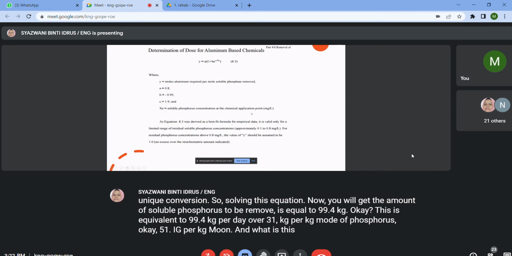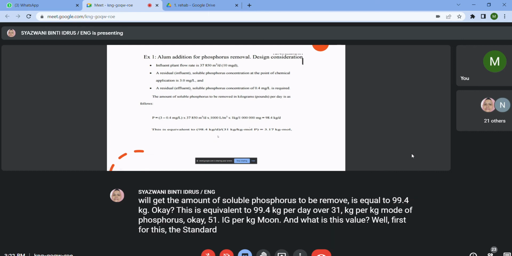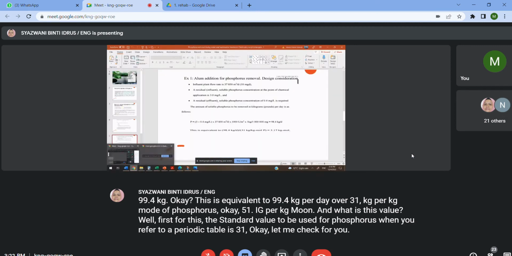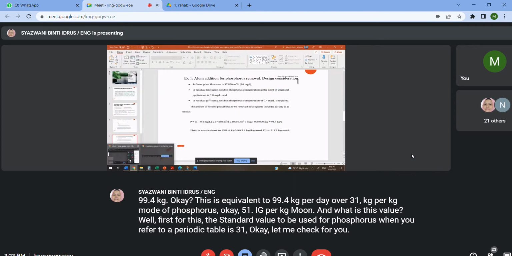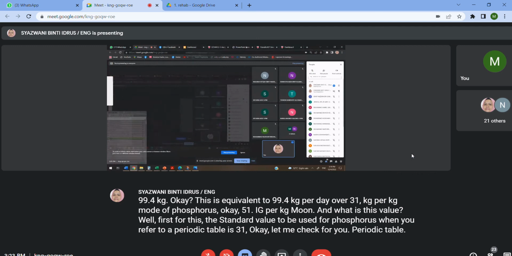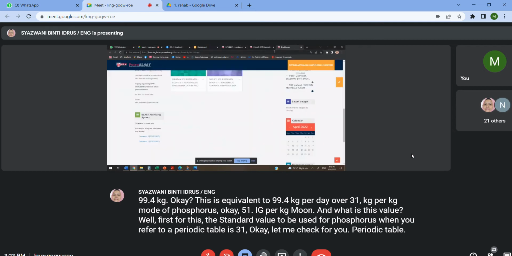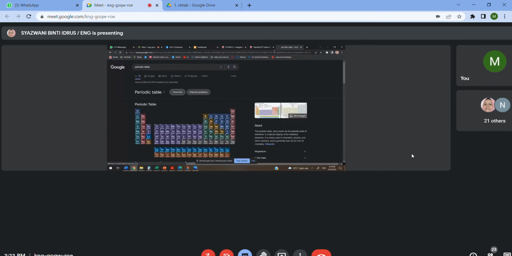What is this value? The standard value to be used for phosphorus when you refer to a periodic table is 31. Let me check for you. Periodic table. This one.